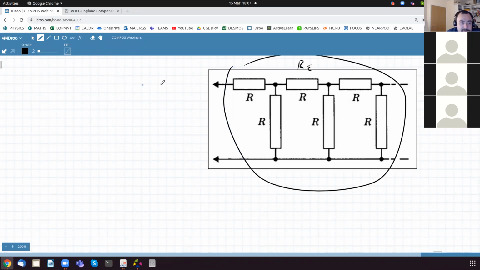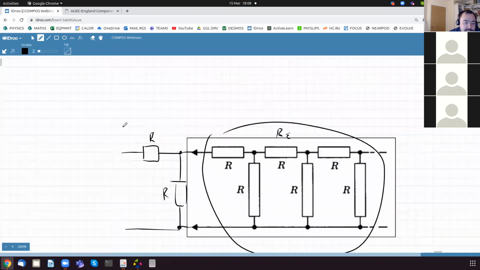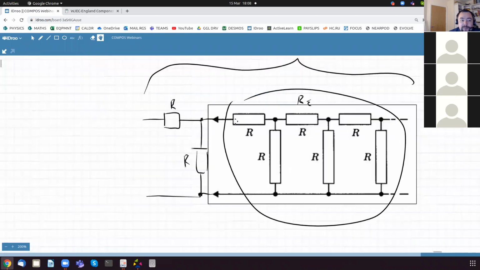So what we do is we add another pair of resistors here. And since it is an infinite chain, the total resistance is still going to be the same. The total resistance won't change. It's going to be R sigma.